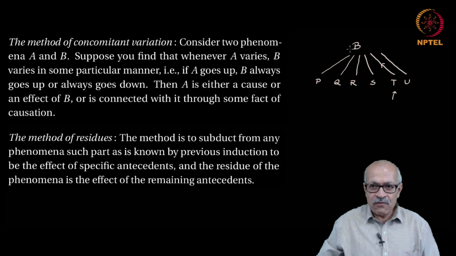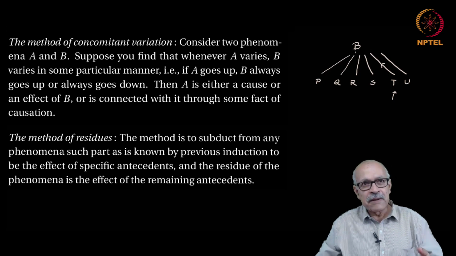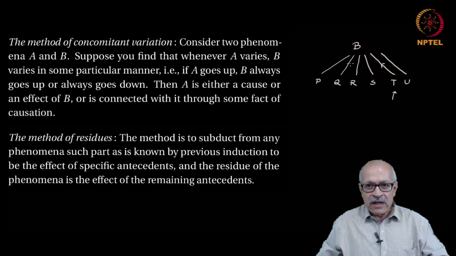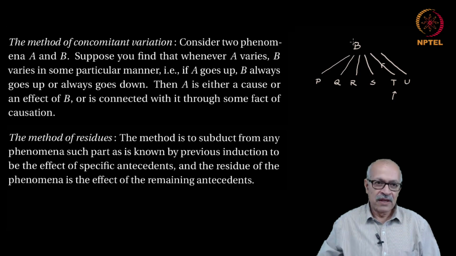That means, from B you have to subduct whatever is the result of P, whatever is the result of Q, whatever is the result of R, whatever is the result of S, you subduct that. Therefore, you arrive at what is remaining in B, and you do not know what caused B, but you know that P cannot cause that, Q cannot cause that, R cannot cause that, S cannot cause that, but you do not know the effect of T, and so you conclude that T is the causative factor behind B.